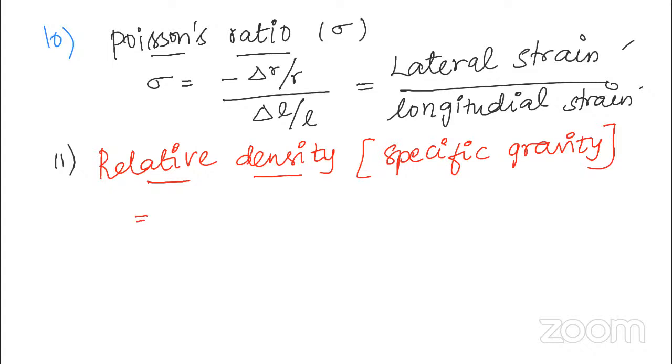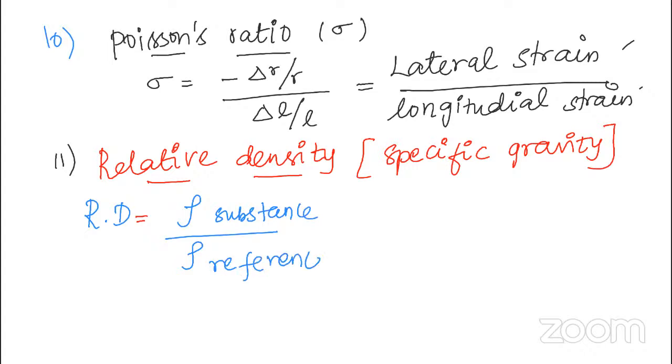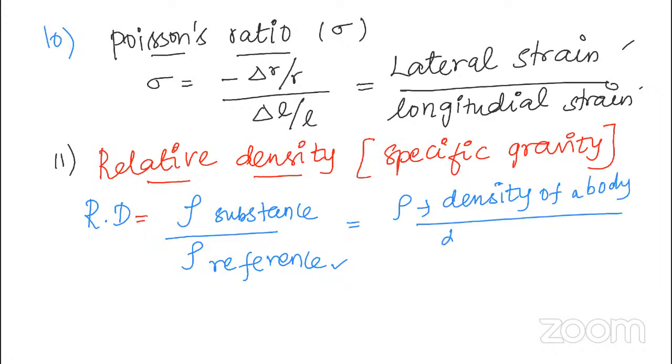This should be calculated by the formula, simply written RD, which is equal to rho of the substance divided by rho of the reference. For whichever particular body we need, we have to calculate its rho value. Sometimes the reference is chosen as water, the density of water.